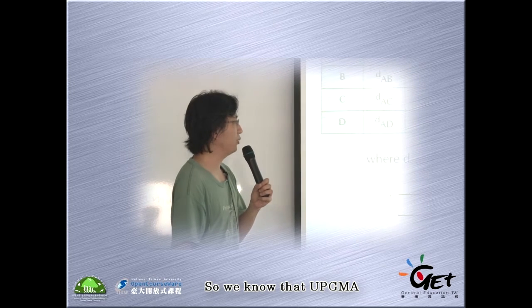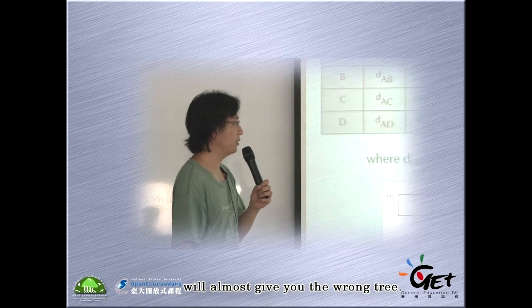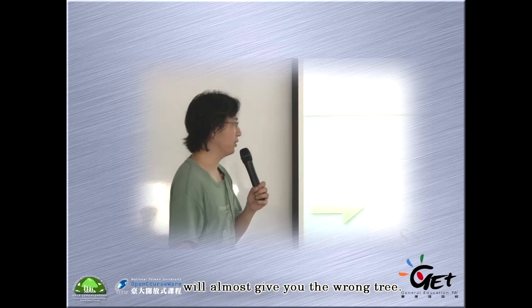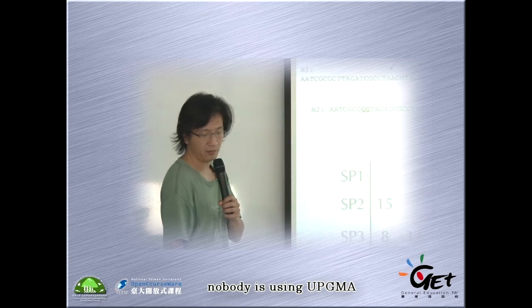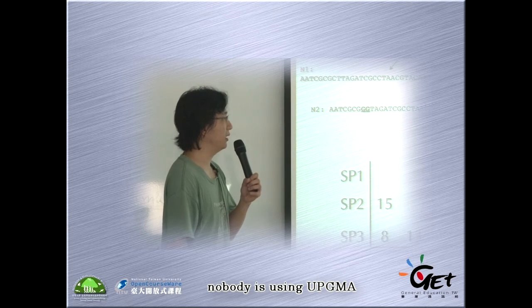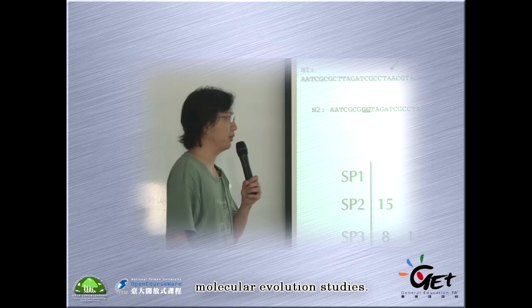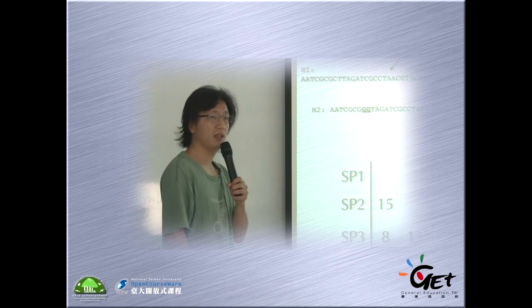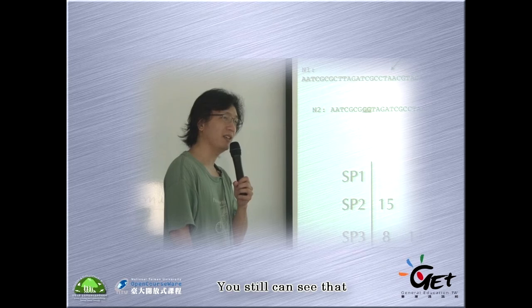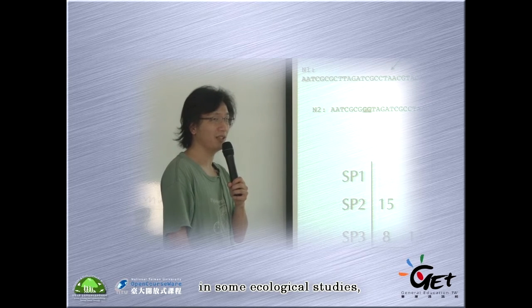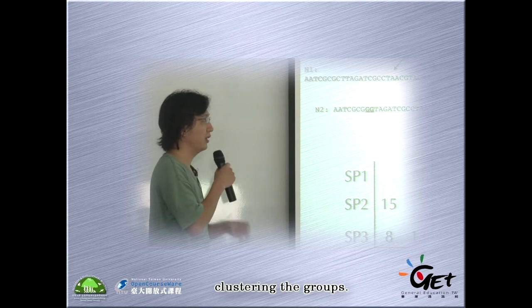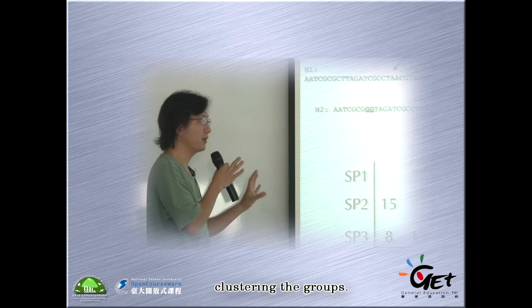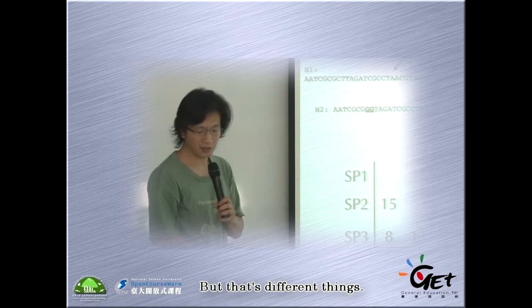So we all know that UPGMA will almost always give you the wrong trees. That's the reason why nobody uses UPGMA for molecular evolution studies. You can still see it in some ecological studies, which is simply clustering the groups, but that's a different thing.